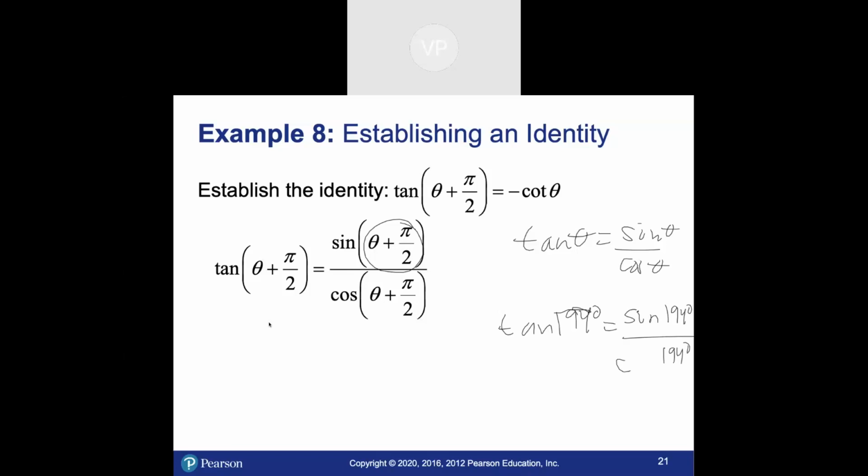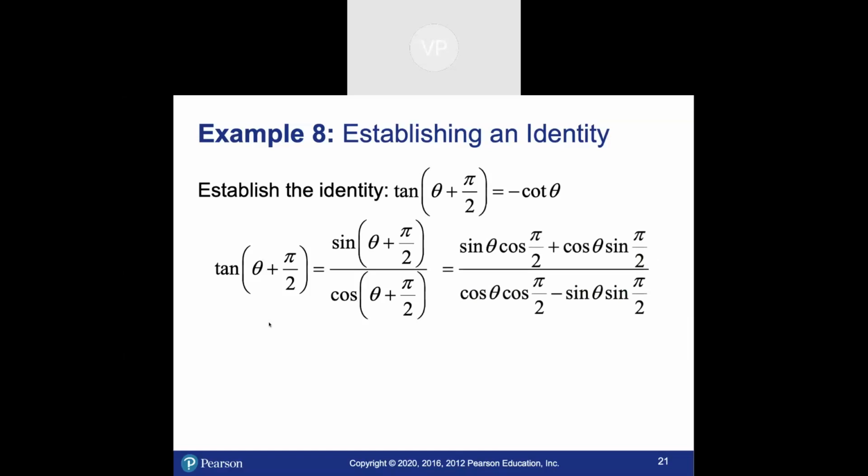If it's the tangent of this mess, it's the sine of that over the cosine of that. It is irrelevant what's inside the parentheses. What matters when you use this quotient identity, tangent equals sine over cosine, is to make sure it's an identical angle. Whatever you started with is in each of the sine and the cosine, and that's what we have done here.